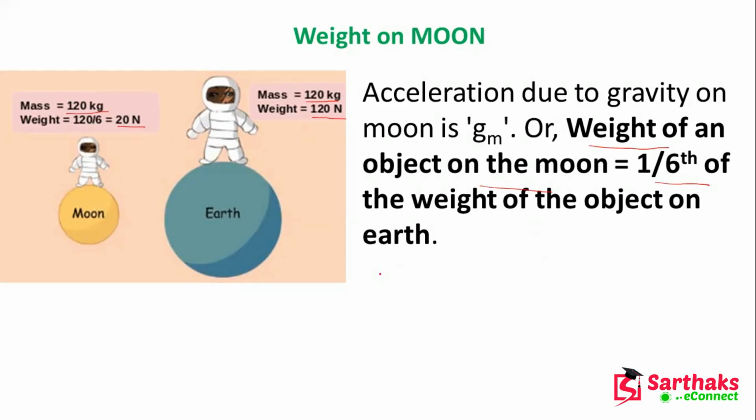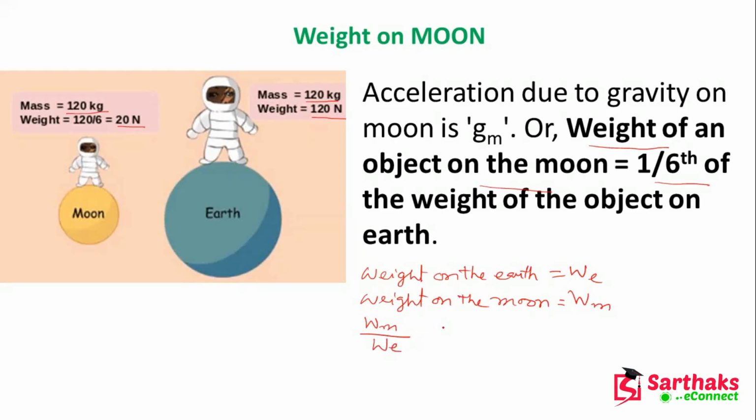So if I write the weight on the earth as WE and the weight on the moon as WM, this ratio will be 1/6. Now in the next slide we will do the derivation of why it is 1/6.